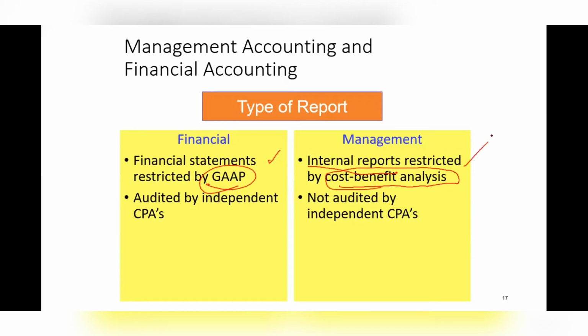It highly depends on the needs of the users. Ano ba yung decision na gagawin niya? So we as management accountants, we give the management the information that they need in coming up with their decision. And yung special report, hindi po yan ino-audit ng independent CPAs.